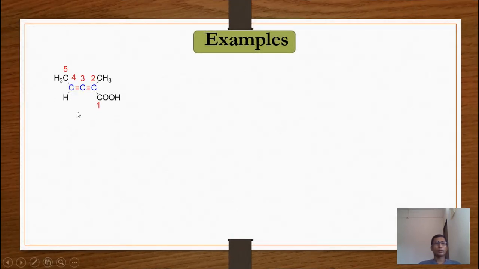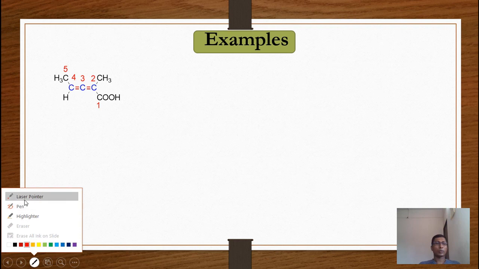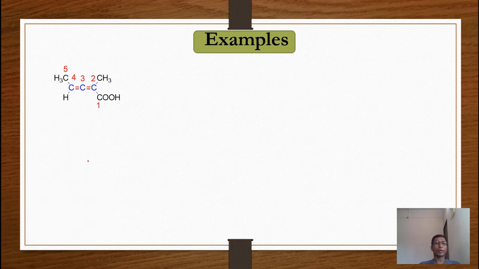In this example, we will start numbering from the carbon of the COOH group. This COOH group has higher priority. Then it is carbon number 1, 2, 3, 4 and 5. The substituent methyl is present at position 2, while the double bonds are present at position 2 and position 3.